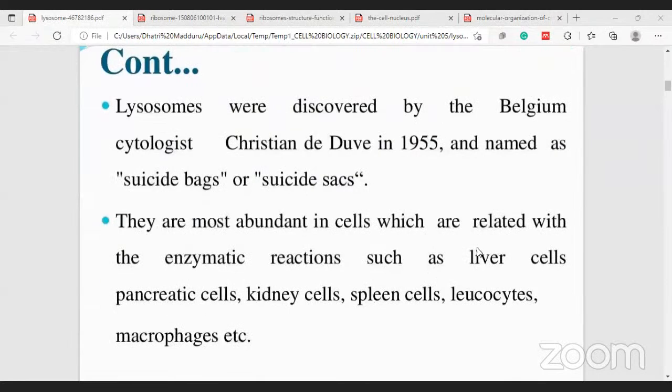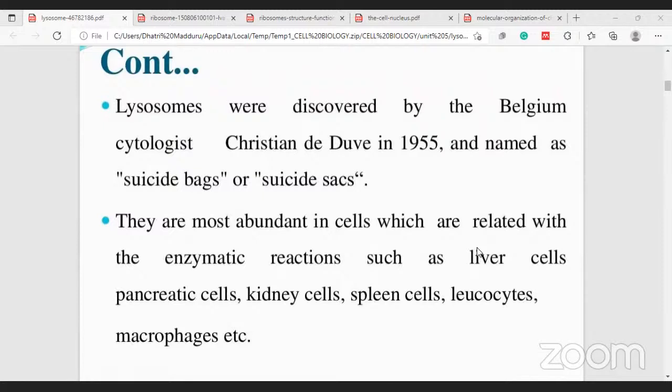Lysosomes were discovered by a Belgian cytologist, Christian de Duve, in 1955, and he named them suicidal bags or suicidal sacs. That means they are mainly involved in the removal of dead content or unnecessary matter. Therefore, it is nothing but suicide.